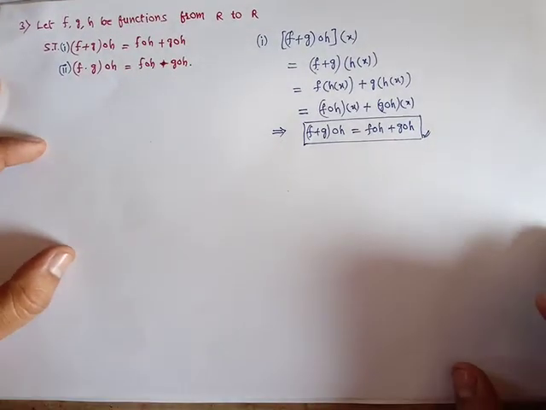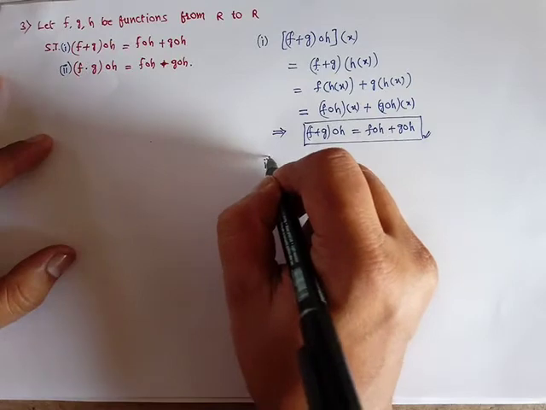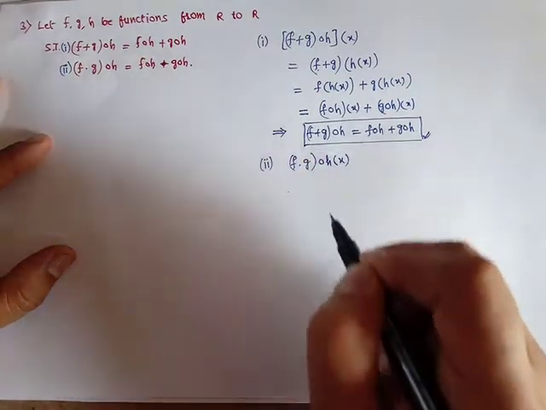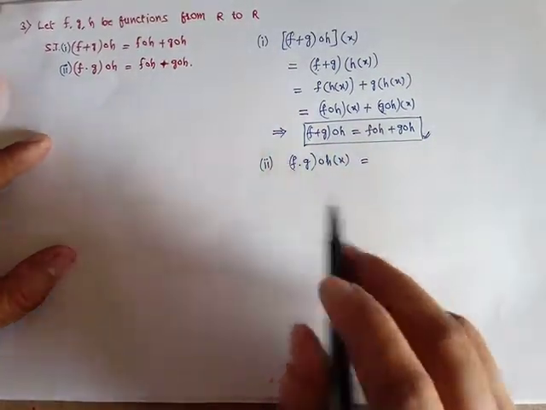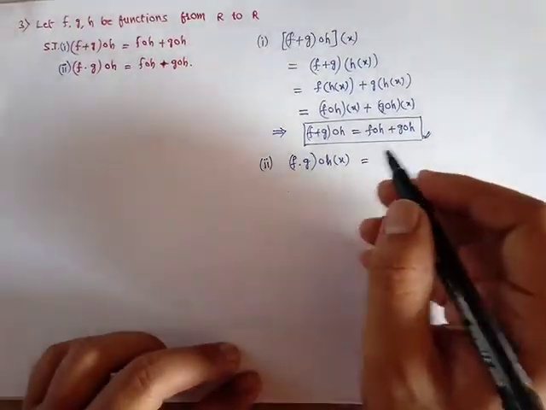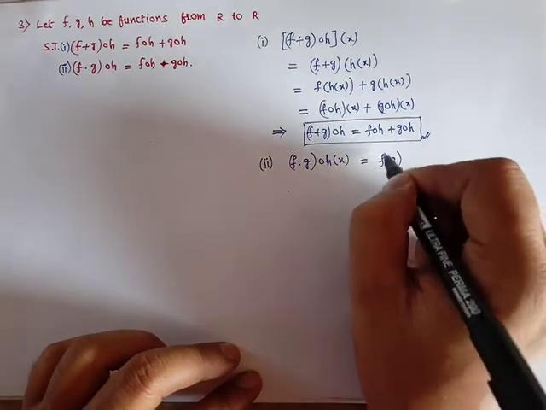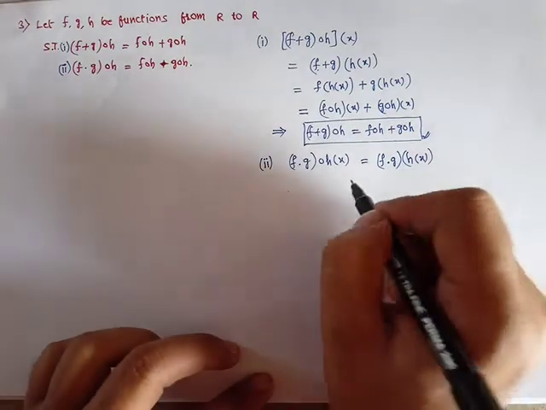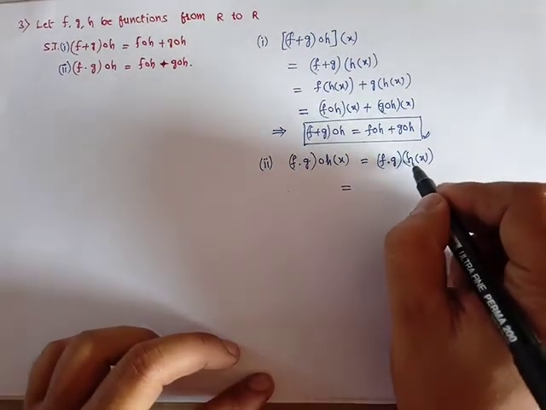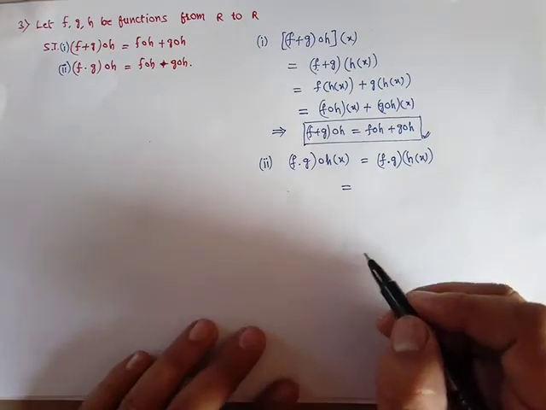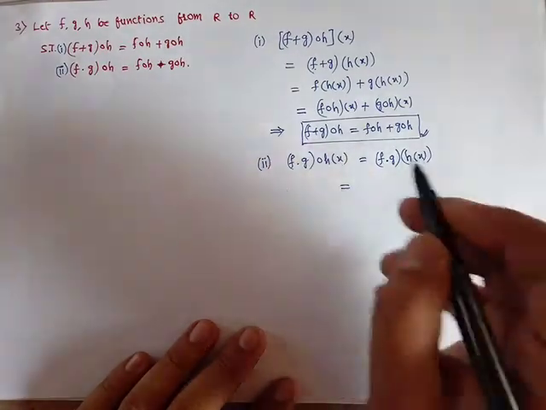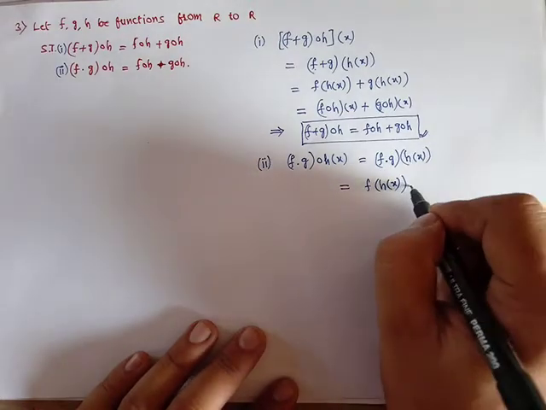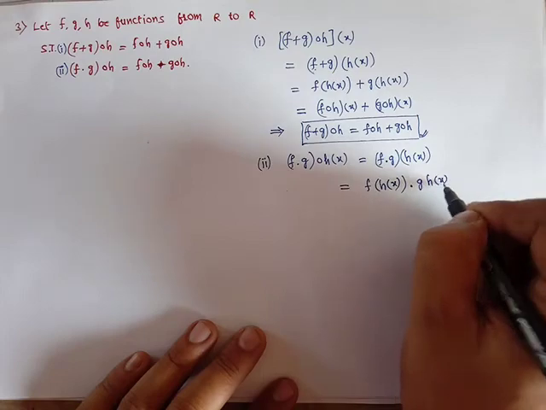Coming to the second question, (f dot g) circle h of x is equal to, then again circle can be written as of, so (f dot g) of h of x. Then this dot can be written, now multiply here, f of h of x dot g of h of x.